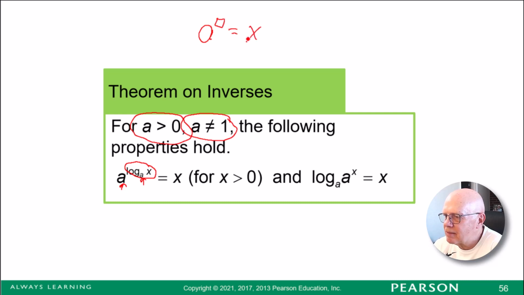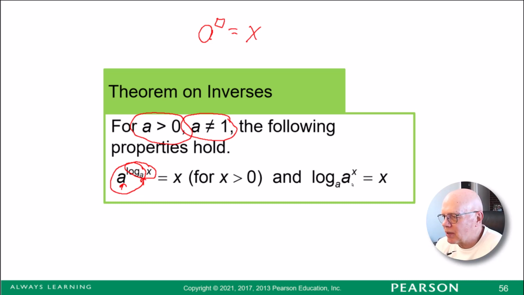Well, what are we doing? We're taking a to that power, so we'll get x. In other words, the exponent and the logarithm are inverses, so they cancel each other out. Taking the logarithm of the number and then using it as an exponent is just undoing it.